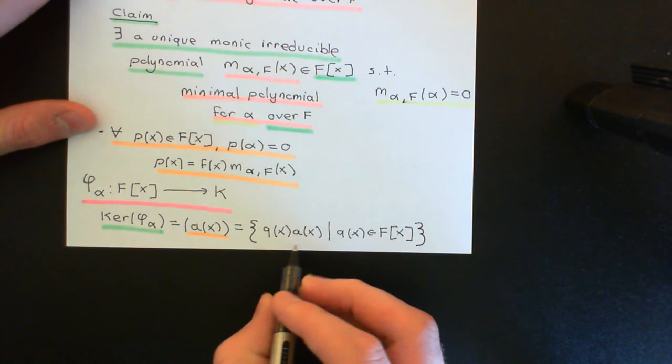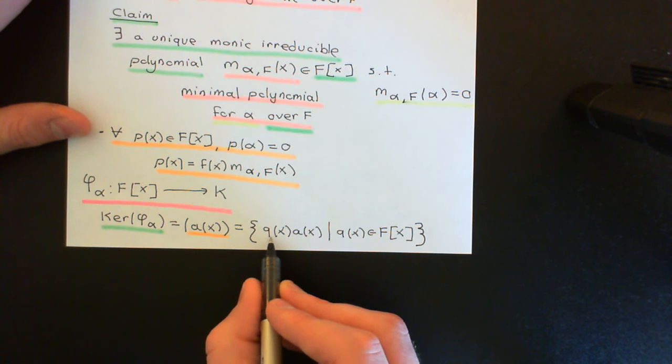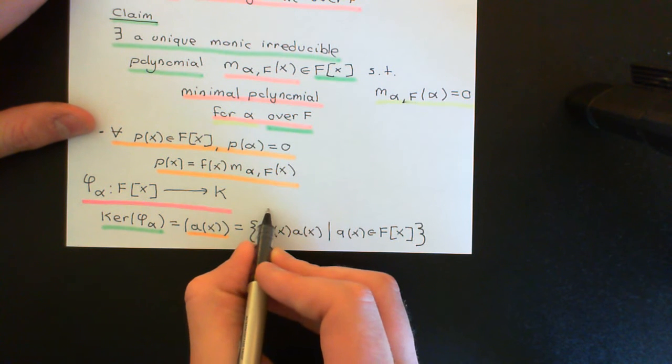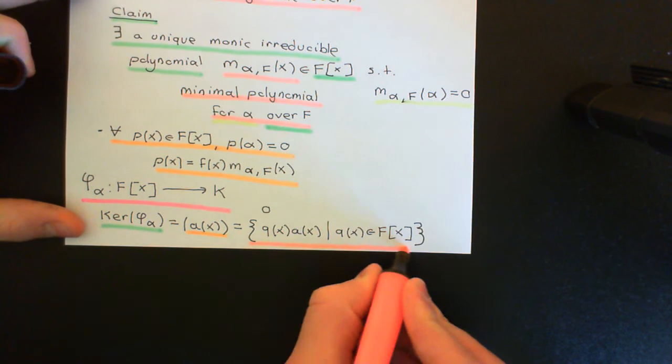Now, there's one strange one here, which is where you multiply by the zero polynomial. When you multiply by the zero polynomial, of course, you get the zero polynomial, so one of the elements that is always in this ideal is the zero polynomial.